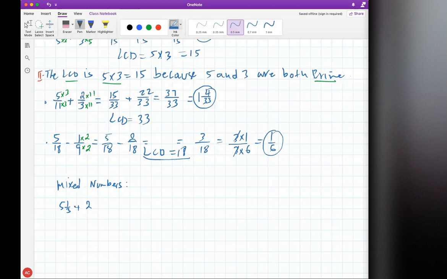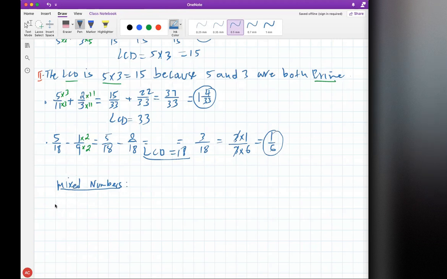Sir, you said before it was simplify in fraction, and these are fractions with mixed numbers. We have to turn the mixed number into a fraction. Right, right. Most of the time we will have to do that.